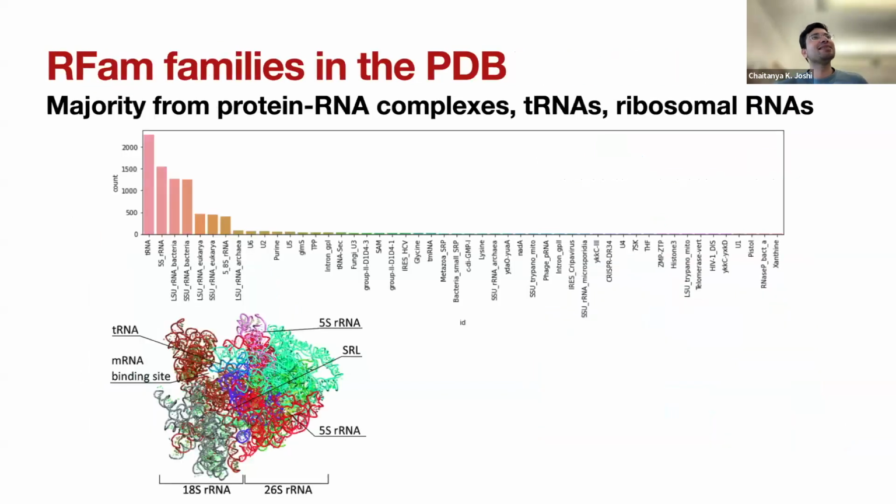And then the last thing about this data set is that it is biased. It's very biased towards ribosomal RNA, which are quite special because they actually form their structure due to interactions with very specific proteins in the ribosome.